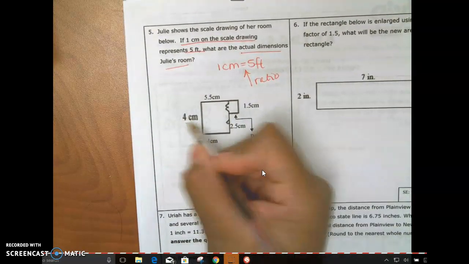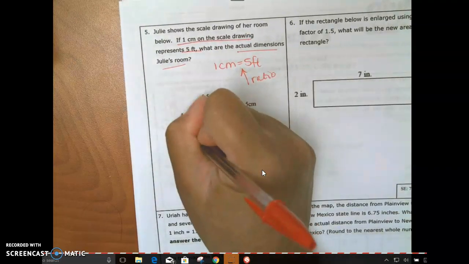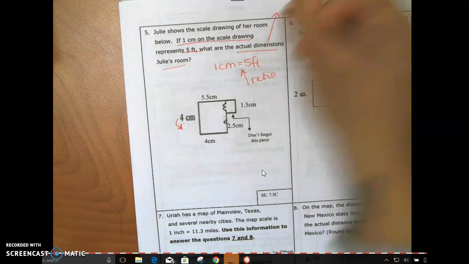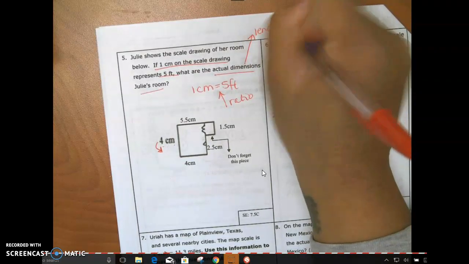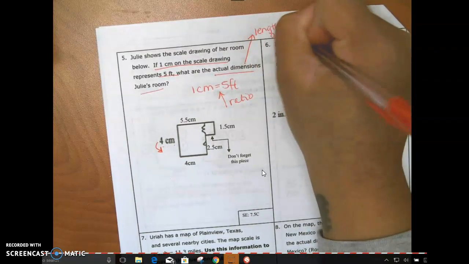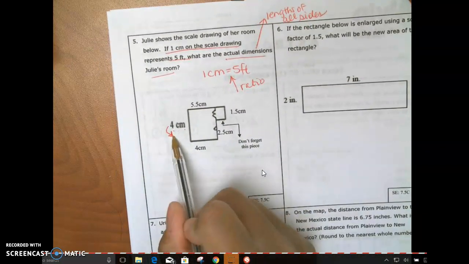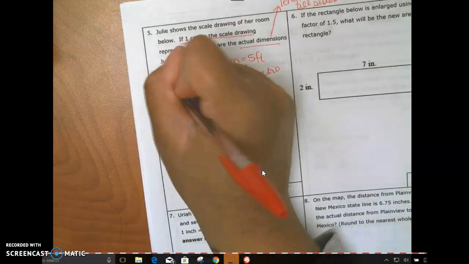So, if I have 4 centimeters here, how many feet is that? Actual dimensions. These are lengths. These are lengths of all the sides. How long is this side? If it's 4 centimeters, 1 centimeter is 5 feet.